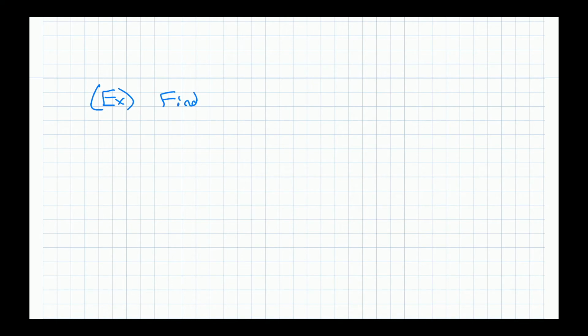Find P of S, script P of S, where S is the set {a, b, c}. The way you do this is you list every possible subset.